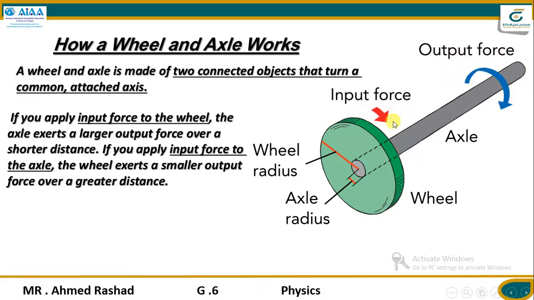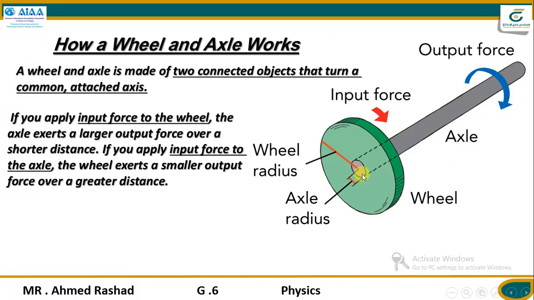But what happens to the amount of force between input and output force? Actually, this is the axle, meaning object number one. Number two, the wheel. And we have something called radius, which is half of the diameter of the wheel or the diameter of the axle.